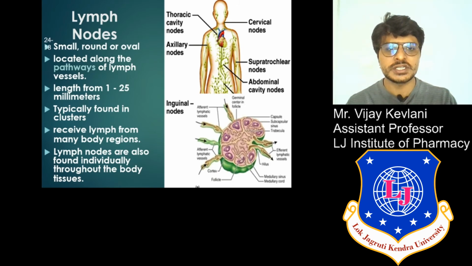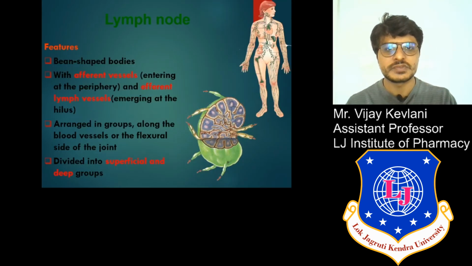You can see here the structure of a lymph node. It is a bean shaped body with an afferent vessel and an efferent lymphatic vessel, arranged in groups along the blood vessels or the flexural side of the joint, divided into superficial and deep groups.